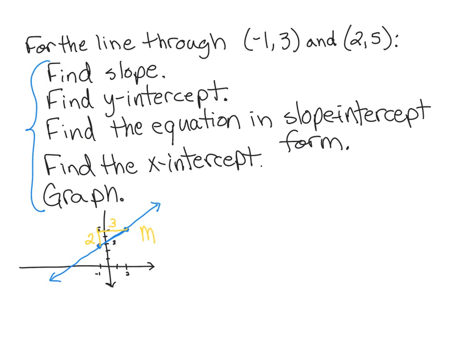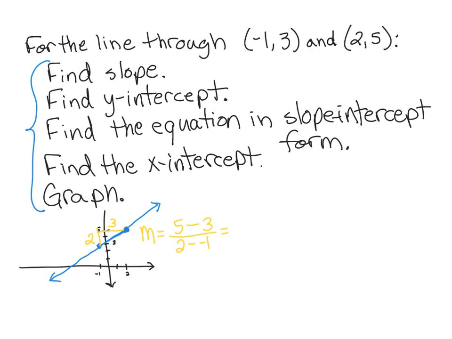Watch this. M equals the ratio of the change in y and x. Starting from this point right here, y was 5, and I went down to y was 3. Starting with this point right here, my x value was 2, my other x value was minus a -1, which makes that +1, right?